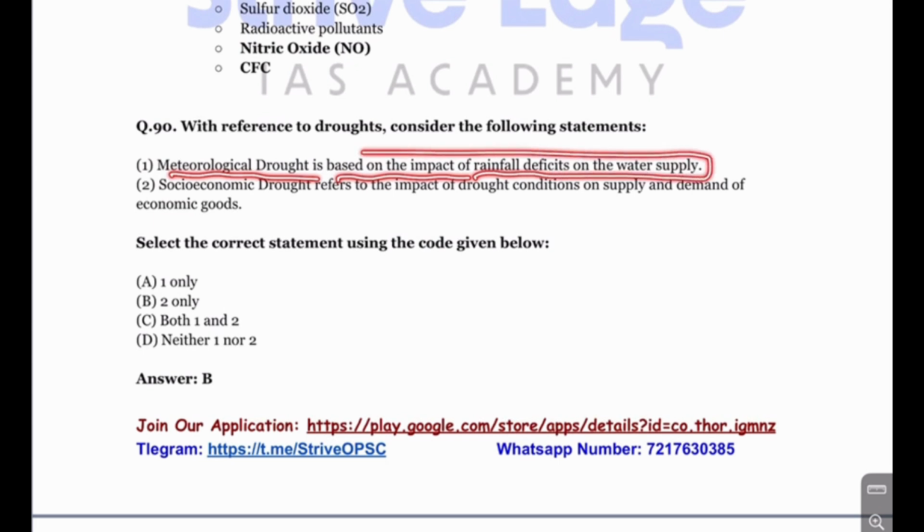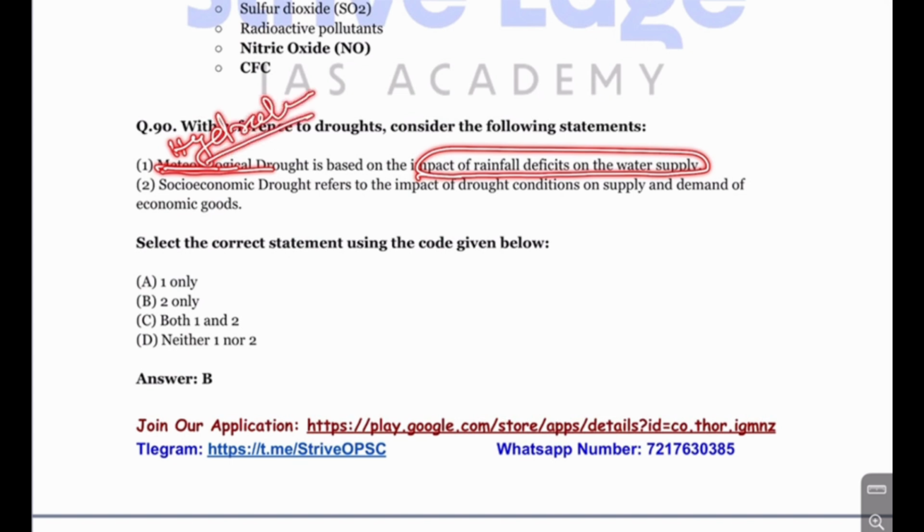Actually, this statement is wrong. If you look into the government document, initially I thought the statement is right, but in the government document the exact wording is mentioned. So because of that, they picked directly from there. So this is the definition of hydrological drought. So the statement is wrong. Only statement 2 is correct. So answer is B. Okay.